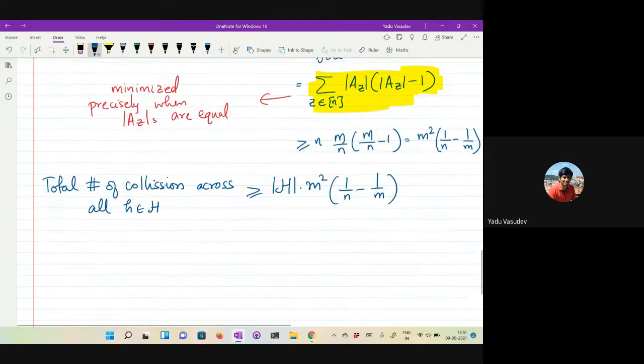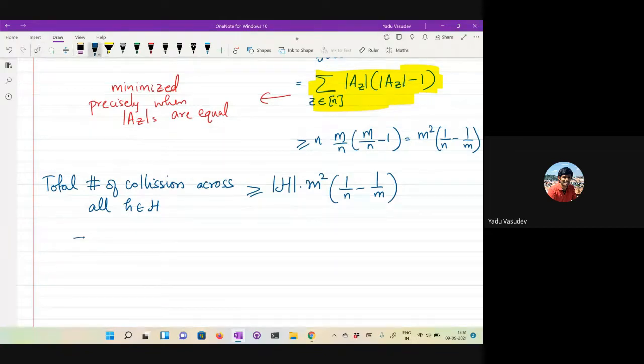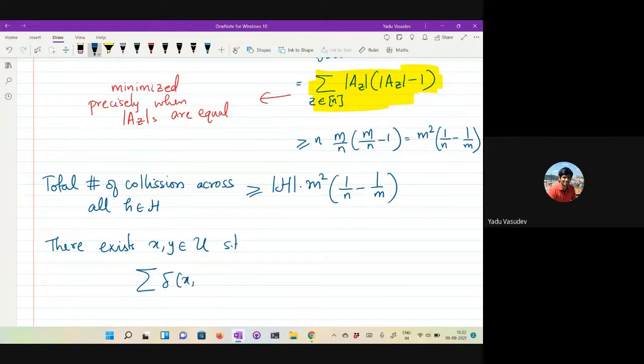Then surely there exist x and y in the universe such that the collisions of x, y over all h in the family H must be at least cardinality of H times 1 over n minus 1 over m.